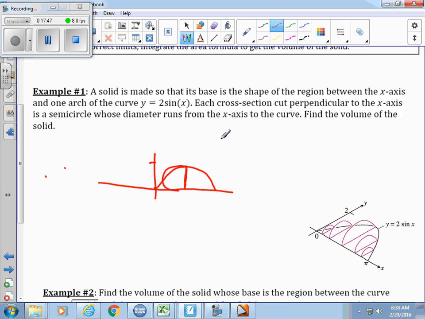So the first thing I need to do is, what is the area of a semicircle? 1/2 pi r squared. Everyone agree with that? That is the area of a semicircle. Well, on my picture, what is the radius?